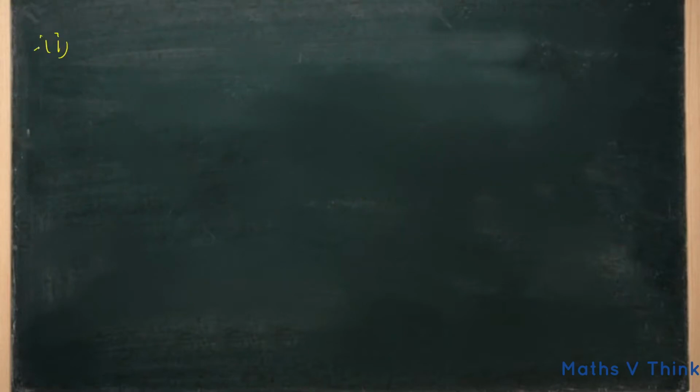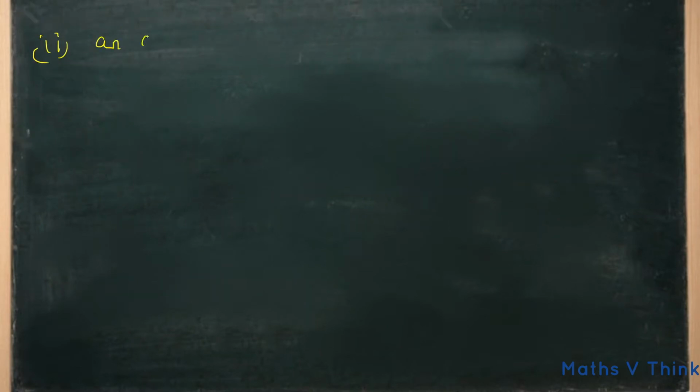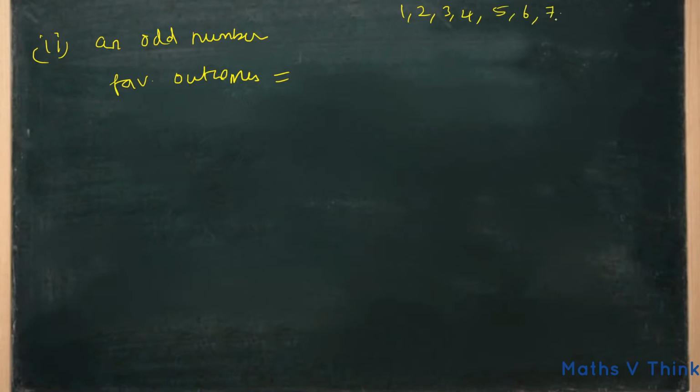Now, second question is an odd number. So, favorable outcomes are, in the spinning wheel, you can see 1, 3, 5, 7 are the odd numbers.